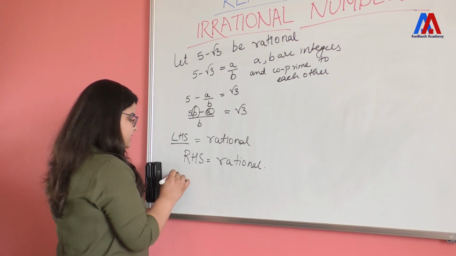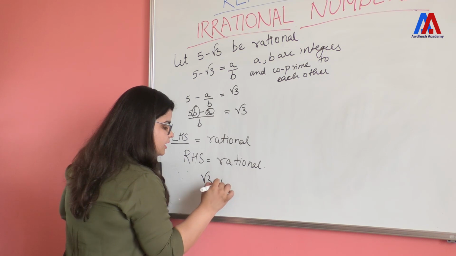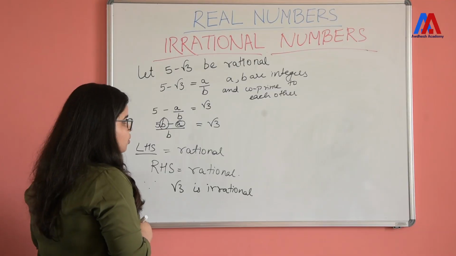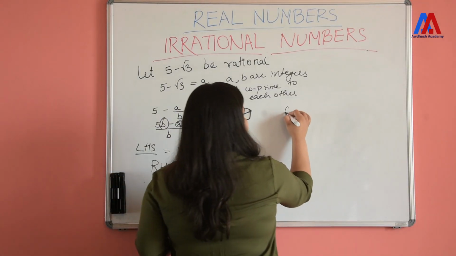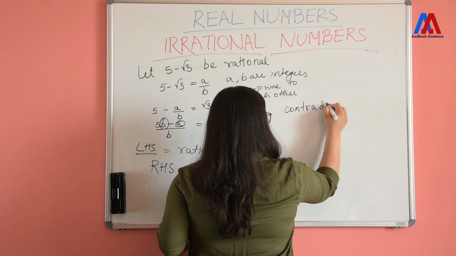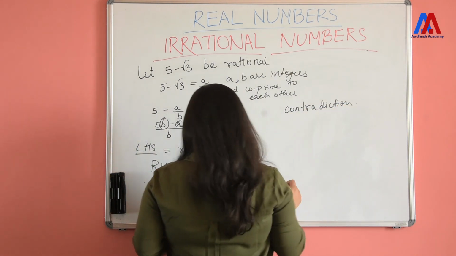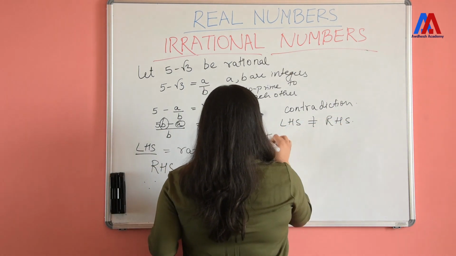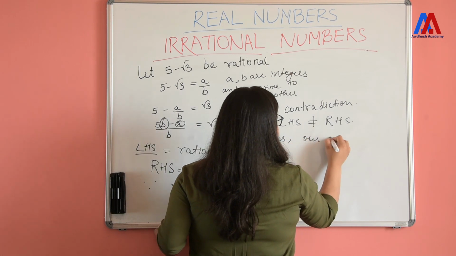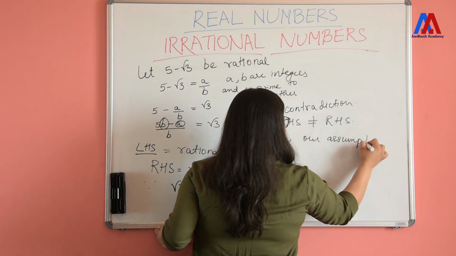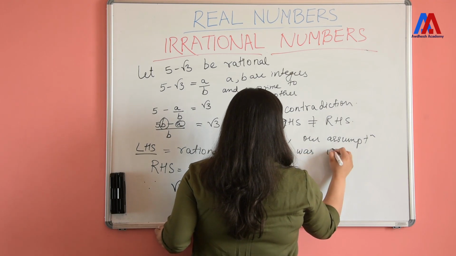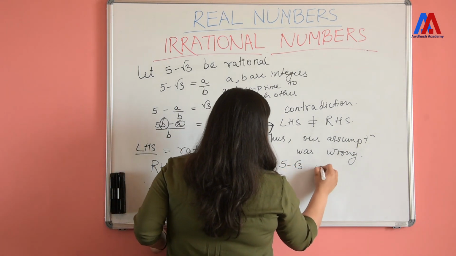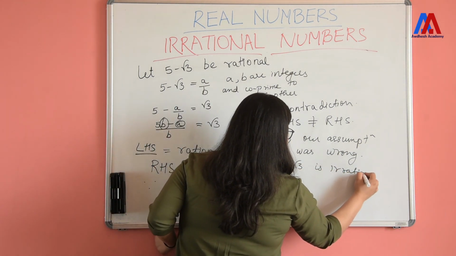So we'll write, since we know that root 3 is irrational, so we can say that there is a contradiction and left hand side is not equal to right hand side, thus our assumption was wrong. Thus 5 minus root 3 is irrational.